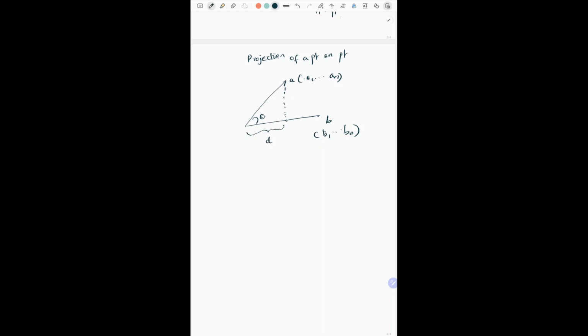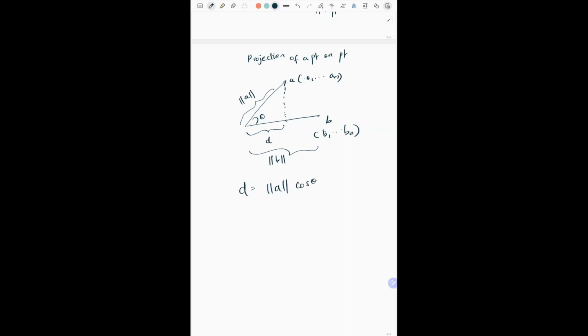Now the distance of A, we have seen this previously. The distance of A from the origin is norm of A, and the distance of B from the origin is norm of B. The projection of a point on a point, this D, can be represented as norm of A, the length of A, into cos theta.